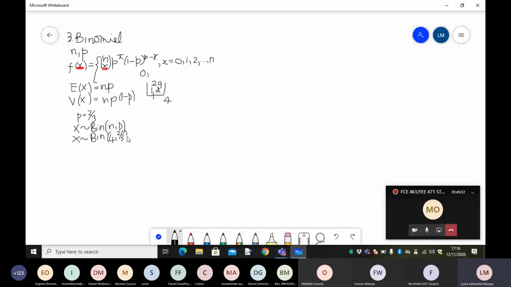So what is our f of x? If we substitute in equation 1, then our PMF is f of x equals 4 choose x, and remember that X is the number of successes.